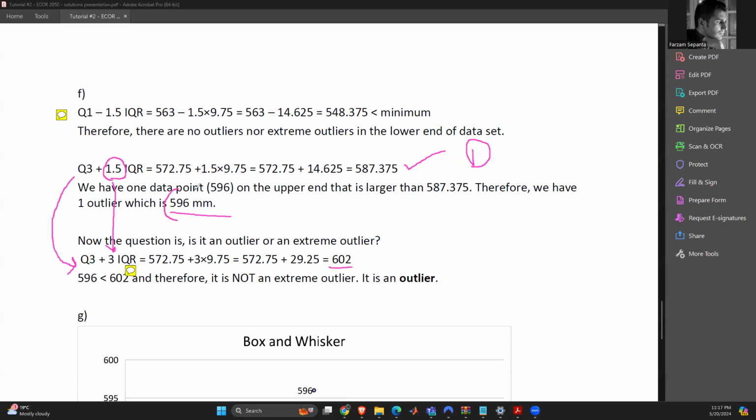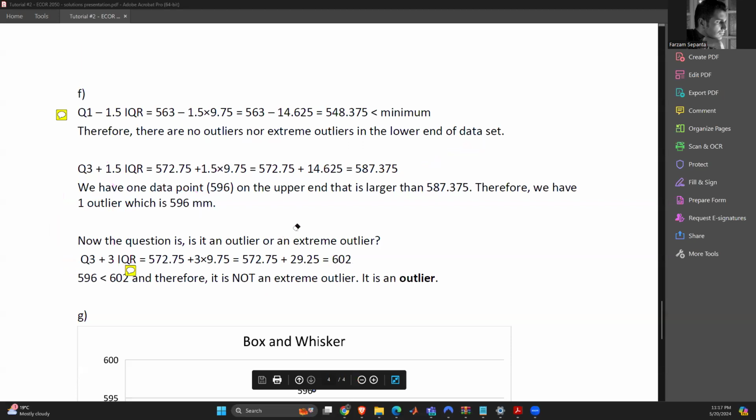The outlier that we have, its value is 596. 596 is less than 602, and it means the outlier we have is not an extreme outlier because it's less than 602. The only difference is that for an outlier the IQR is multiplied by 1.5, and for an extreme outlier it is multiplied by 3.